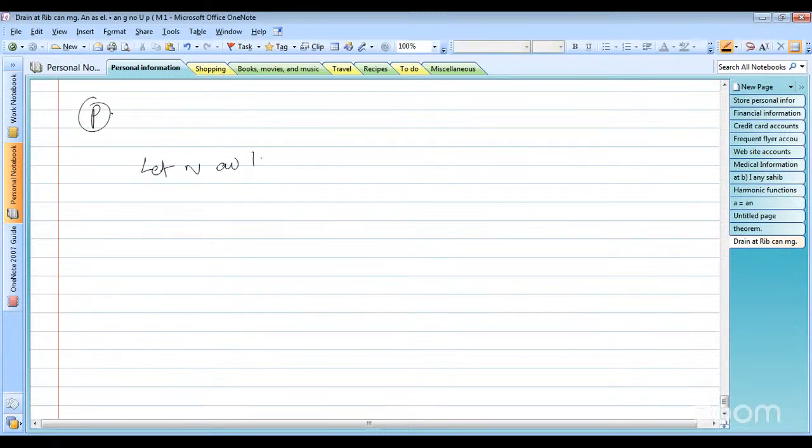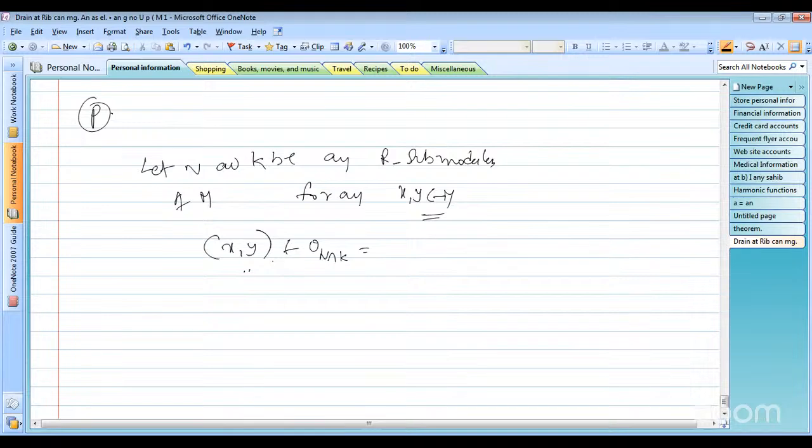Let n be any R submodule of M. For any (x, y) belongs to n, we are taking it. (x, y) belongs to the intersection n intersection k, so (x, y) belongs to n and (x, y) belongs to k.